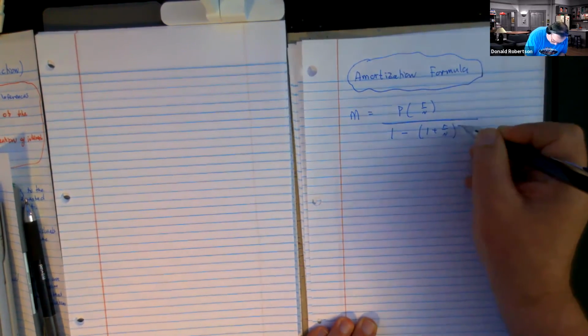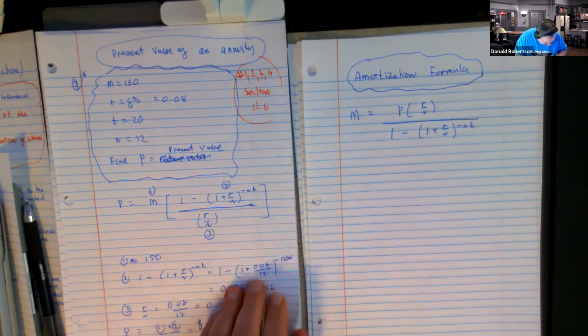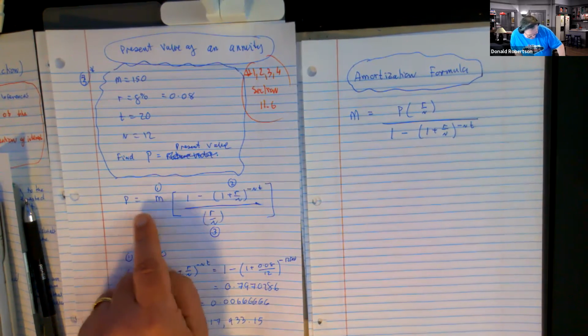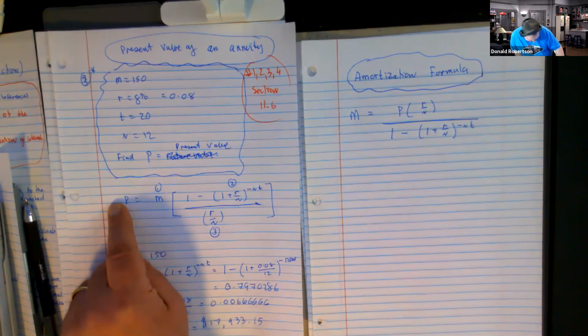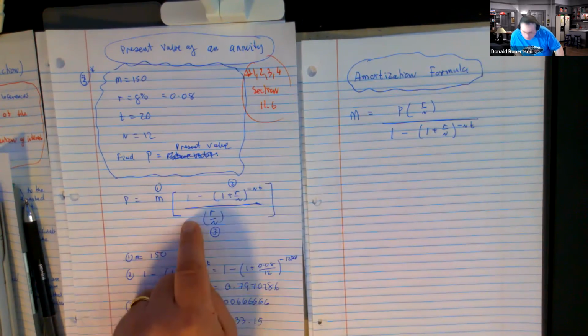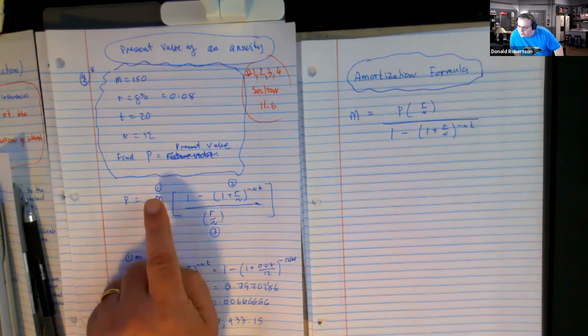They don't tell you this, so let me tell you what it is. If you take the formula we've been using, you're told M and all this stuff, and your job is to find P. But if I tell you P and all this stuff, you're going to find M. So this formula is just a rearrangement of that formula.